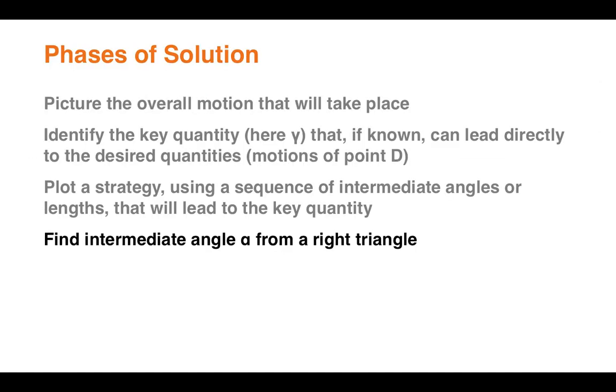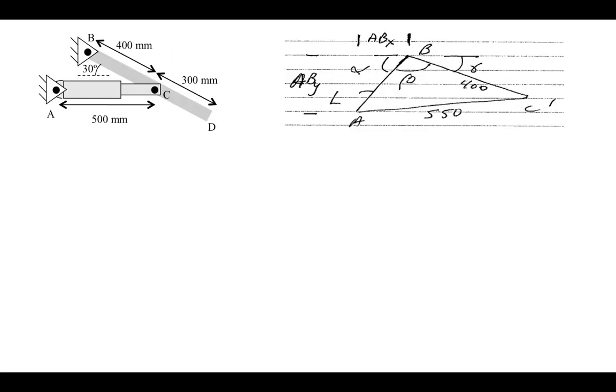Let's start by finding the angle alpha. We can do so by defining another triangle, a right triangle. We can find the lengths of the sides of the right triangle, and then the angle alpha and the length L. Both legs can be determined by looking at the original diagram.